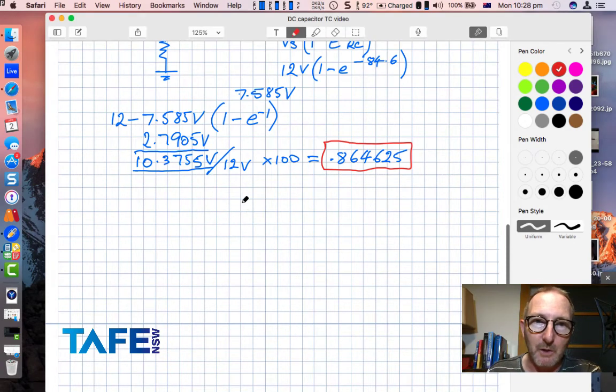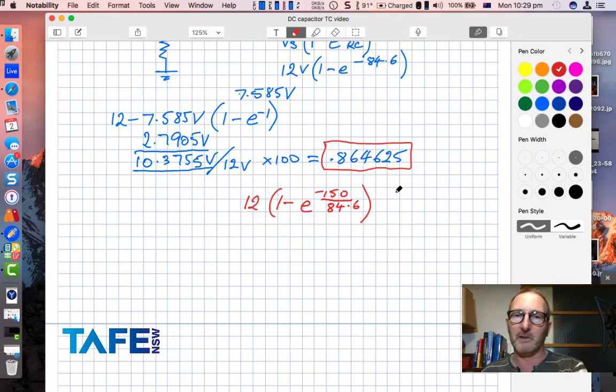So that would be 12 outside of 1 minus e to the minus 150 divided by 84.6, close the brackets.